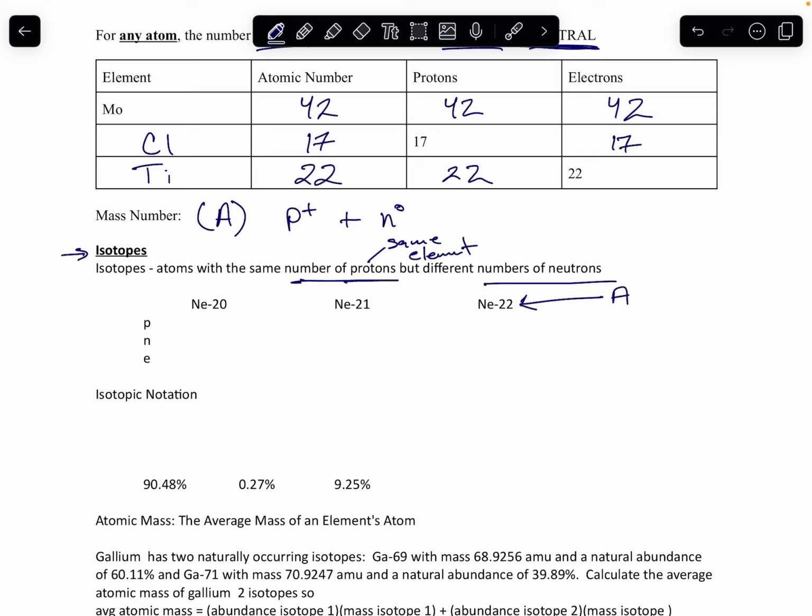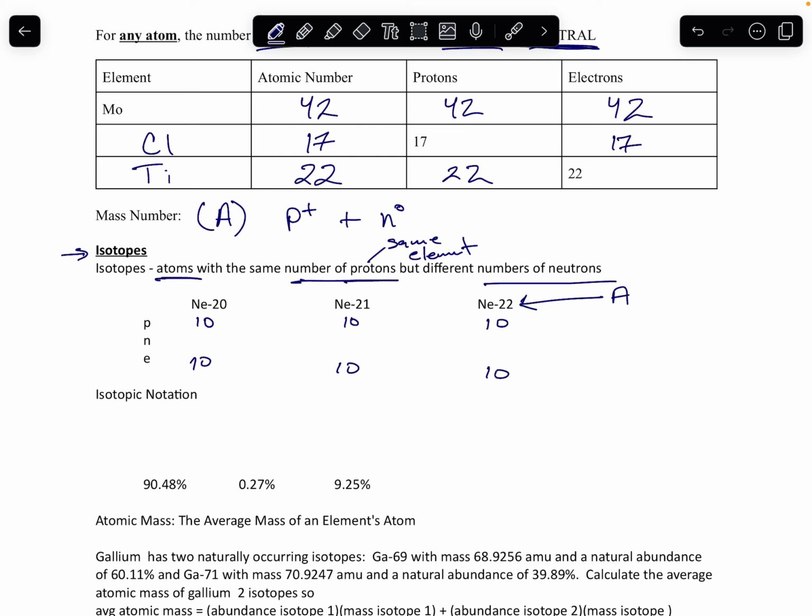This number at the end here is my mass number, my A. If I look at the periodic table, neon is all the way on the right-hand side. Neon has an atomic number of 10, so that means I have 10 protons. Because all three of these are neon, all three of them are going to have 10 protons. I also know that they are atoms, so they are neutral. So my number of electrons is also going to be 10.